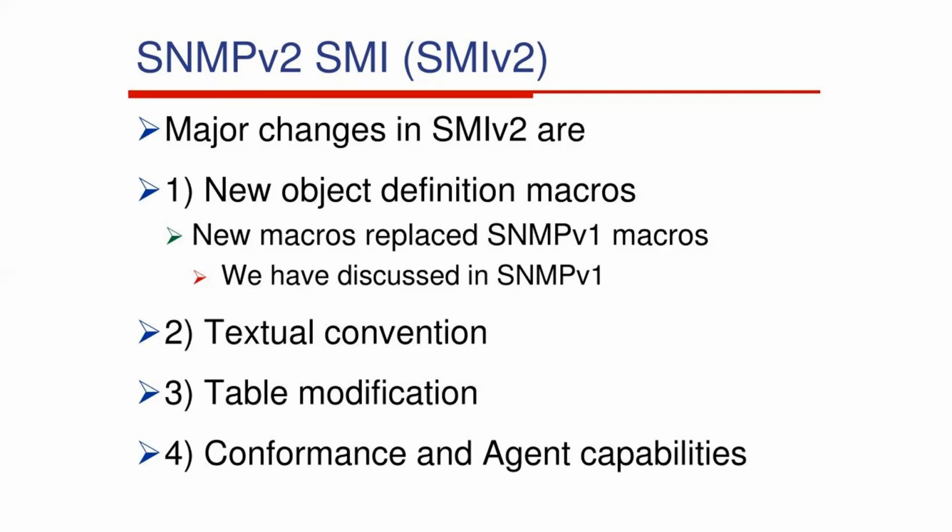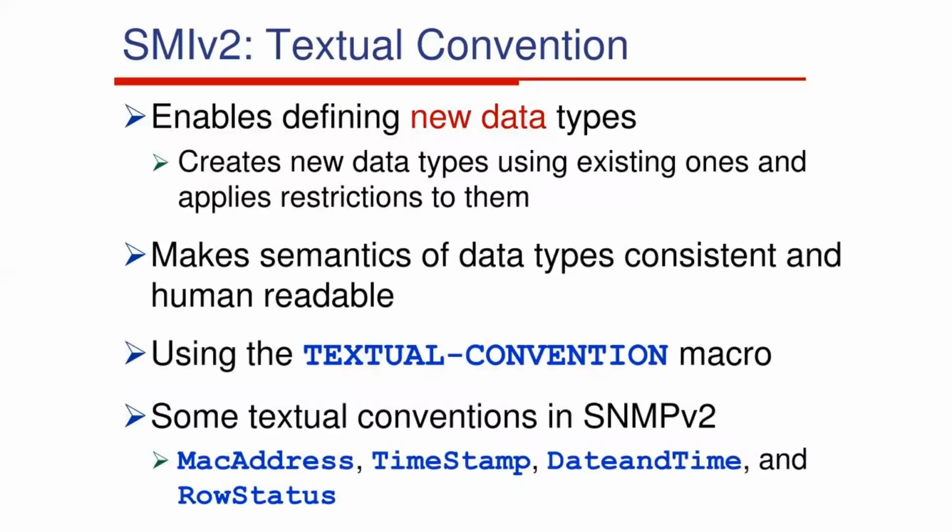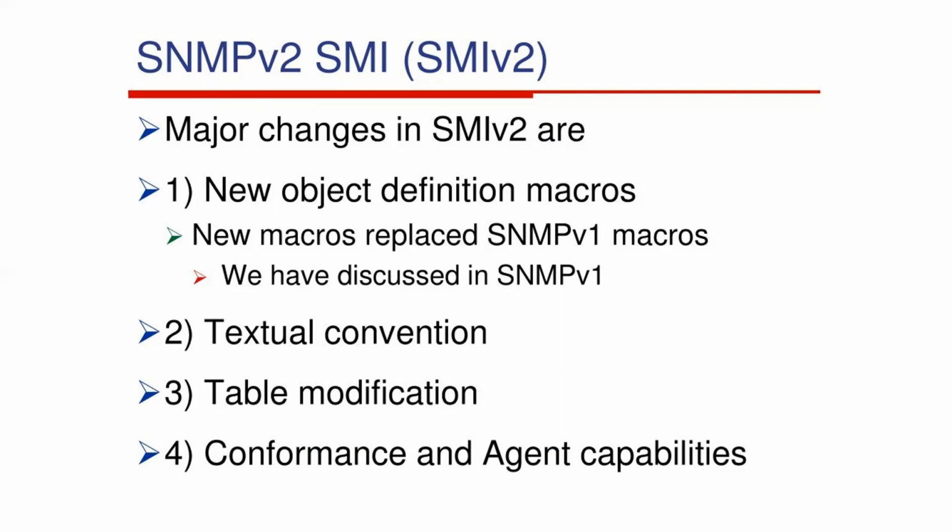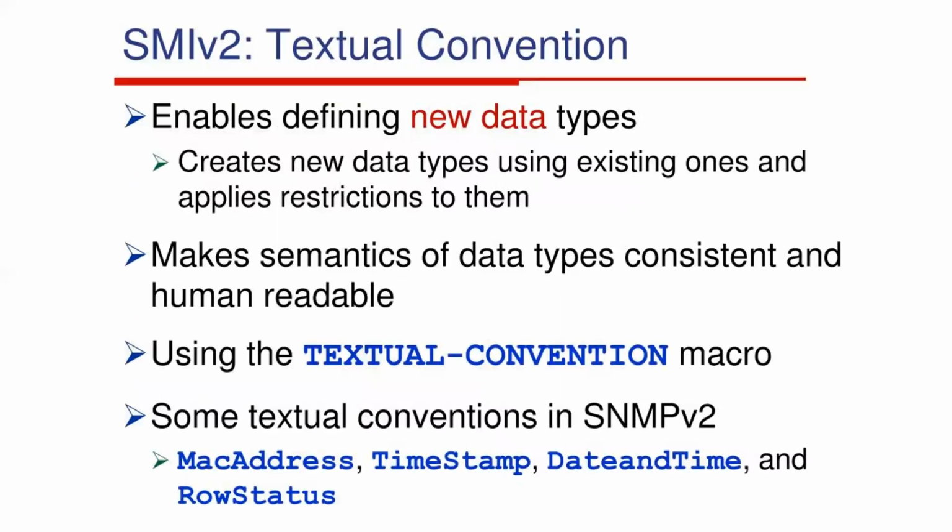From that diagram, you then simply move to the types of SMI version 2. It is nothing but textual conventions. The textual conventions are designed to help define new data types following the structure defined in SMI version 2.